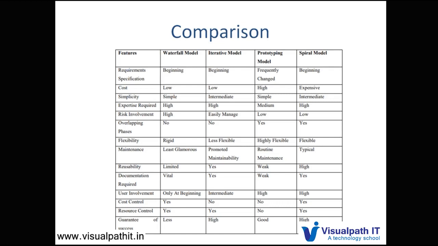So each model is evolving with time, and they are addressing the weaknesses of the old models. Again, in which project, in which scenario, what model to use, we need to consider many factors. And even in the comparison we can identify in which situation what model we can use.